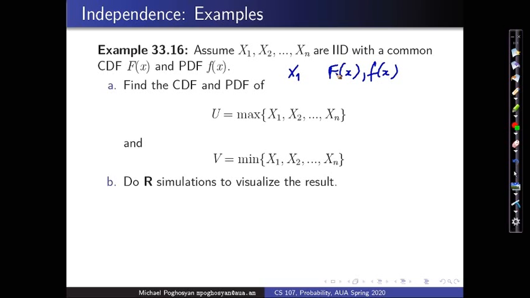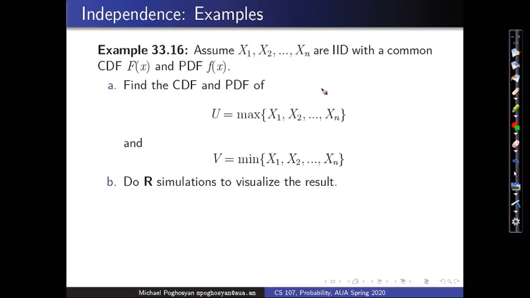So the derivative of capital F is small f. The distribution of X2 is again described by that. Maybe this is, say, the uniform 0, 1 CDF, and this is the uniform 0, 1 PDF.